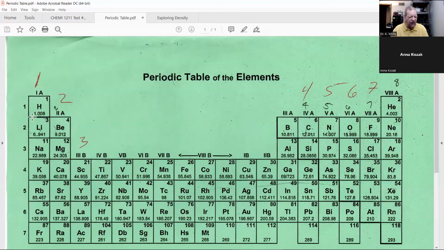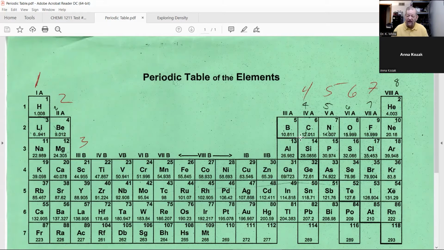And if you look underneath the element, there's a number. Underneath hydrogen, 1.008. That's the atomic mass, or I'll use the atomic weight. And sometimes you'll see me abbreviate AT. WT. And if you look under oxygen, the number is 15.999. That's the atomic weight of oxygen.